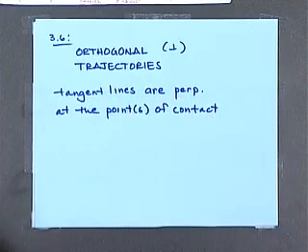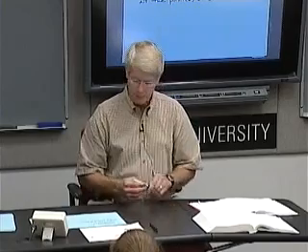So in essence, it's curves that are perpendicular by the fact that the tangent lines to the curves at that point of contact are perpendicular. And hopefully the curves will look like they are kind of perpendicular, but it's really the tangent lines.